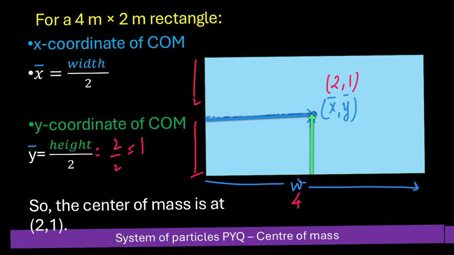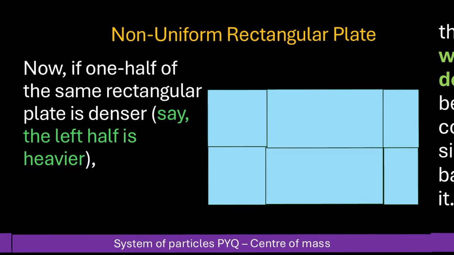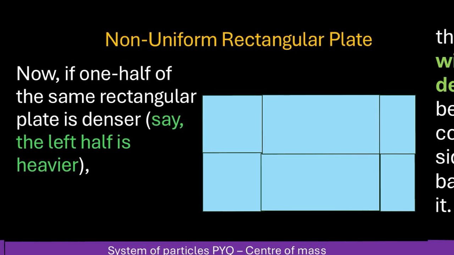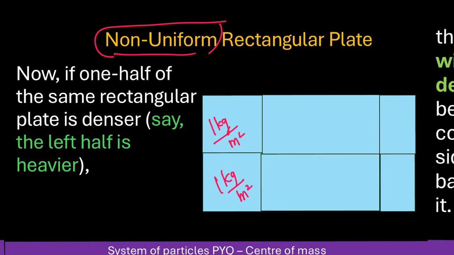Okay, now what would be the case if we were to discuss a non-uniform rectangle? Then we know that the 1 kilogram per meter square density distribution would not be the same, which means some of the area may have 1 kilogram per meter square and some of the other portions may have 3 kilograms per meter square, or some may have 1 kilogram per meter square and others 0.5 or even less than that.